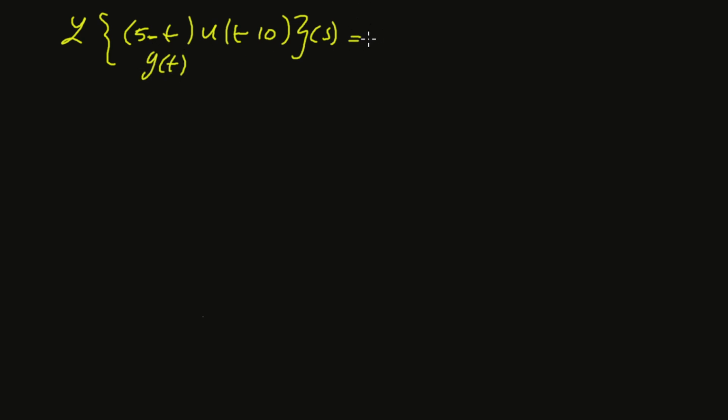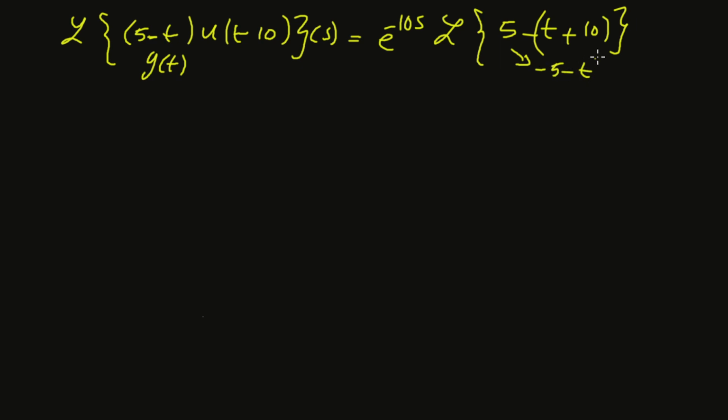So you're going to do the exponential of negative 10s times the Laplace transform of 5 minus t plus 10, which is t plus a, right? So that puts you at 5 minus 10, which is negative 5 minus t. So this becomes negative 5 minus t.